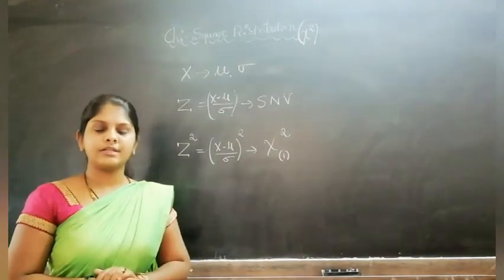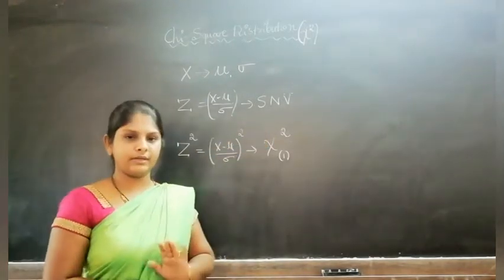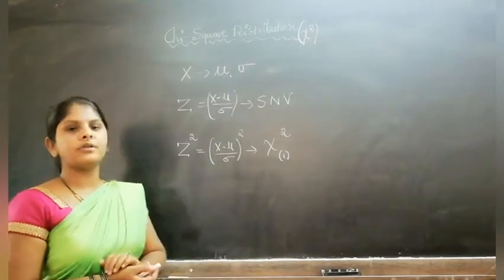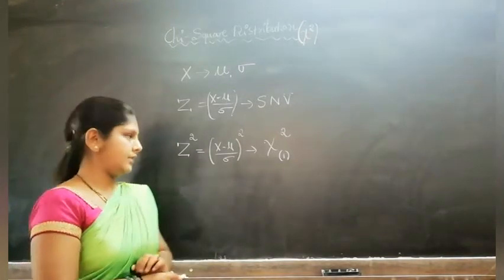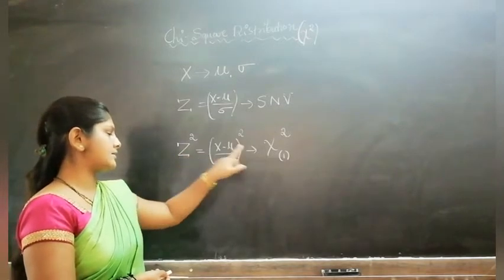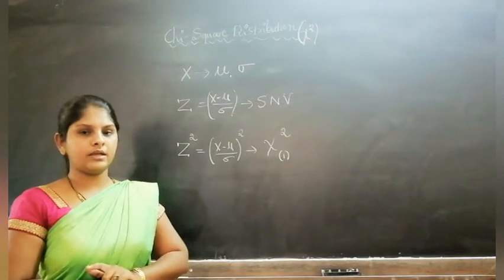What is a chi-square variate? If z is a standard normal variate, then z square is called a chi-square variate with 1 degree of freedom.